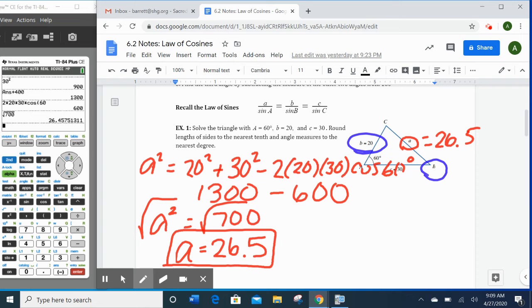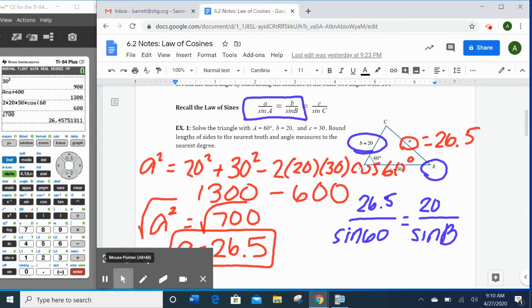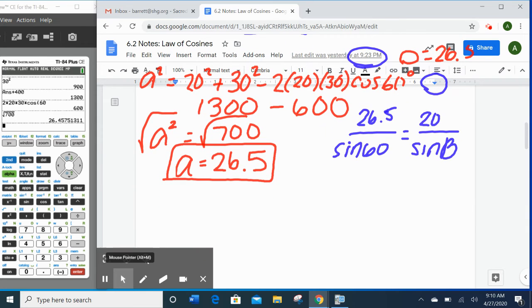And I don't need to use the law of cosines because I have side A and angle A, so I can set up the law of sines. So A, which is 26.5, over sine of A, so sine of 60, is equal to side B, which is 20, over the sine of angle B, which I don't know. So this is what we were doing last week. So cross multiply.